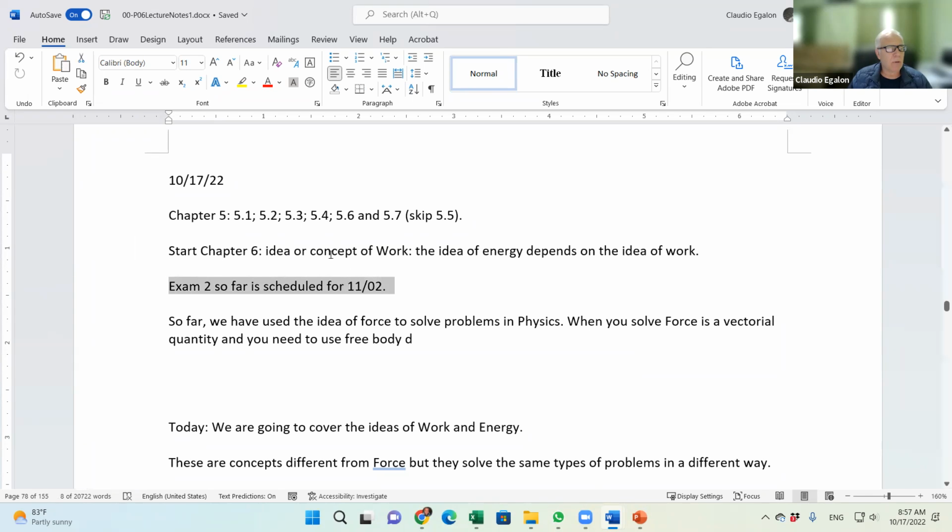Before we start with the idea of work, just remember that so far we have used the idea of force to solve problems in physics.